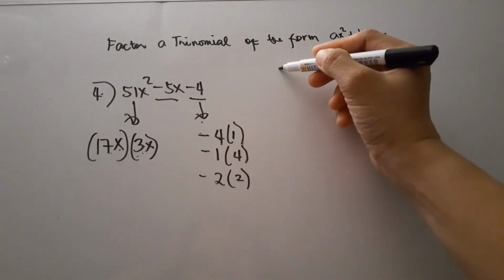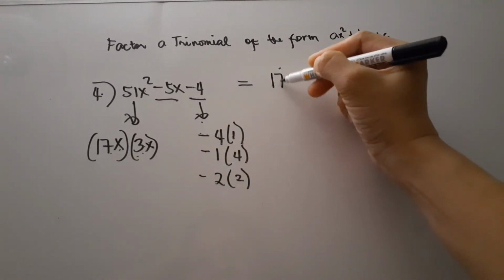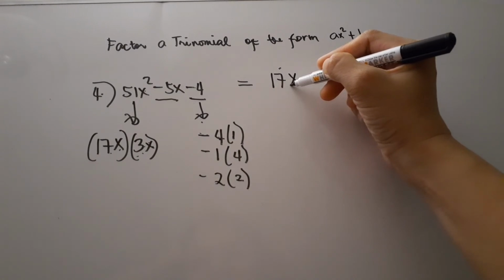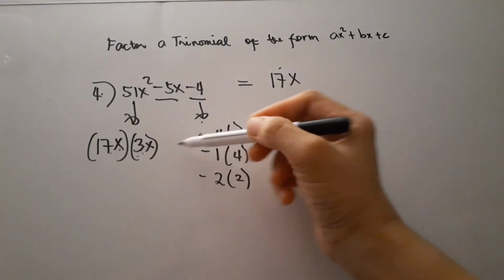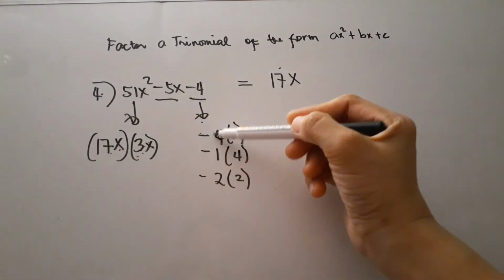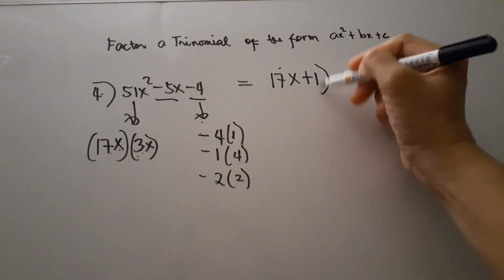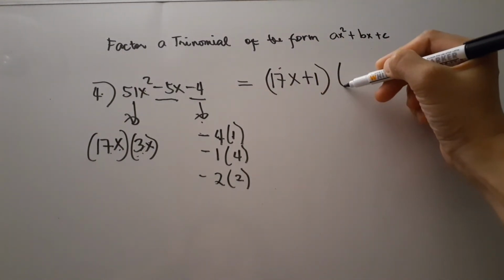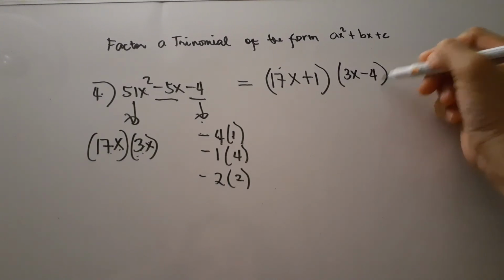Then let's have 17x times positive 1 and 3x negative 4.